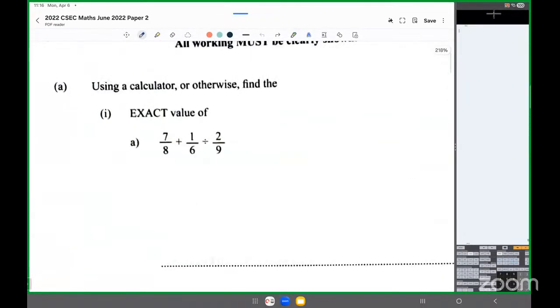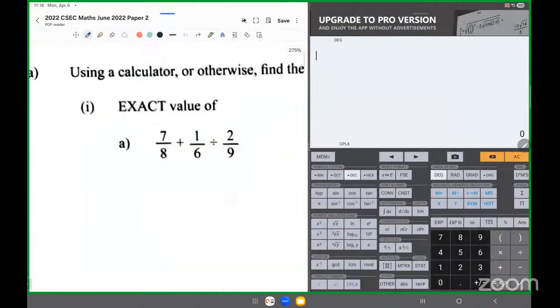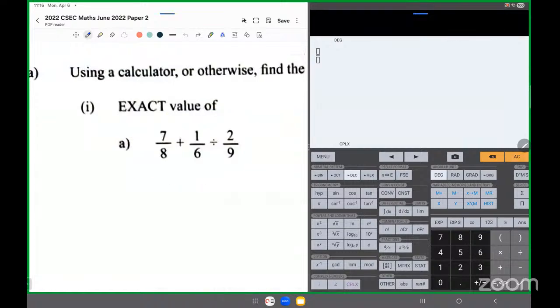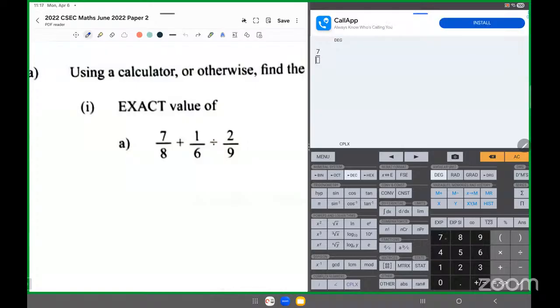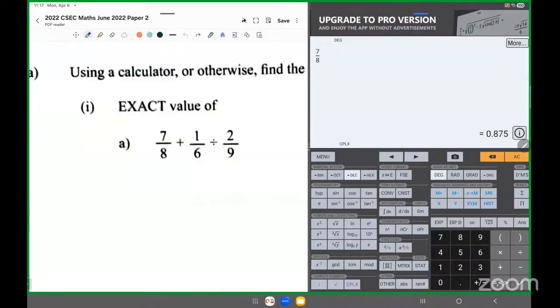So number 1 is to use the calculator to find the exact value of this expression. All right, so we're going to just put this in the calculator. We put it exactly as it appears there. And this is why you have to get a good calculator, so that you can type this in exactly as it appears there. So it's a fraction 7/8 plus another fraction 1/6.